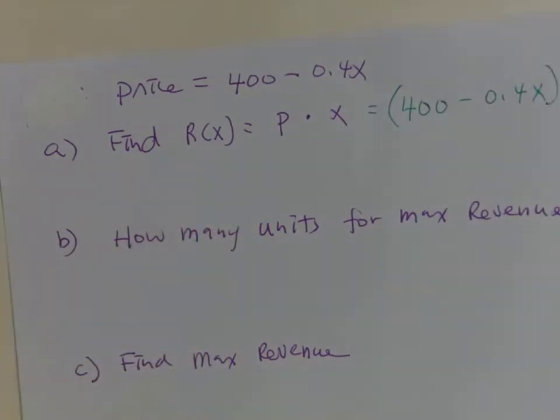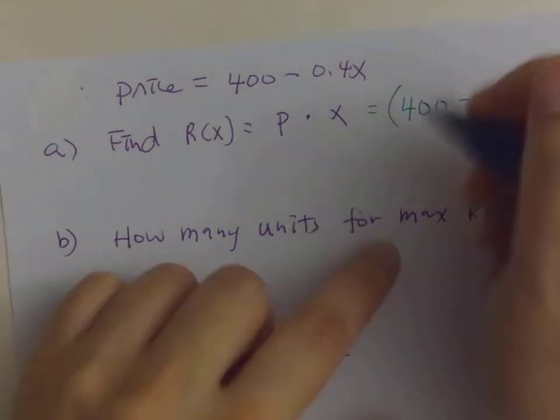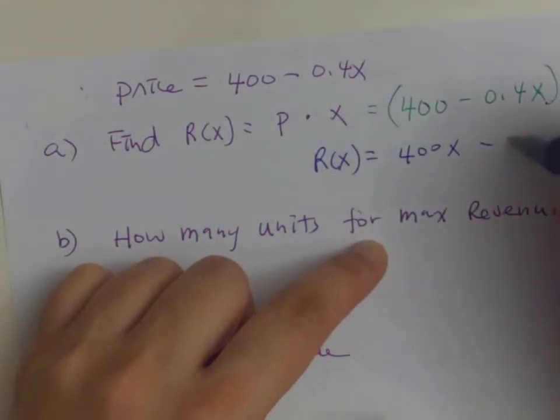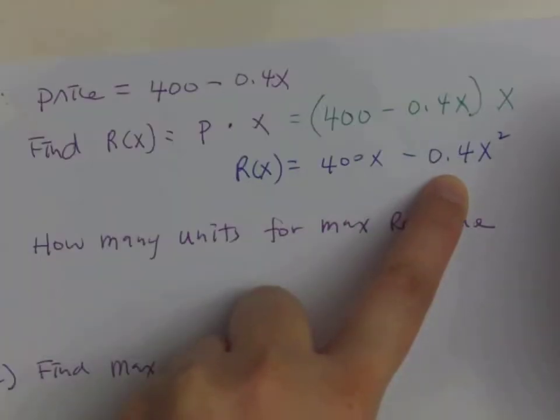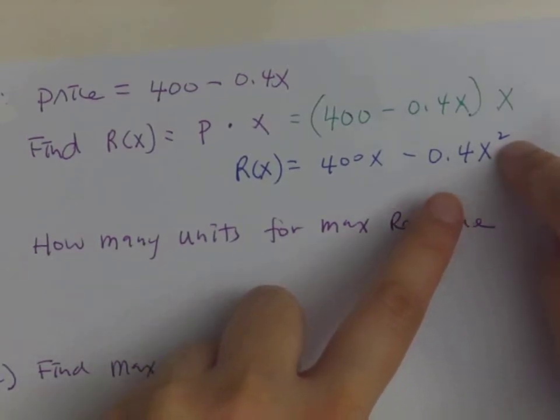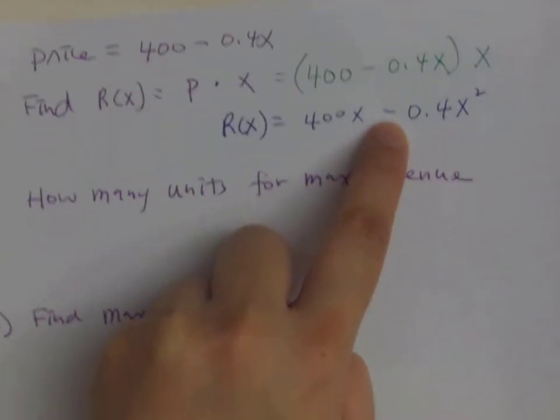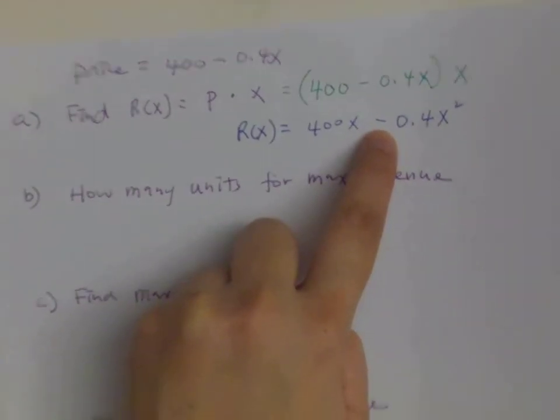So together I get 400x. My R of x will equal 400x minus 0.4x squared, which is a negative quadratic function. This is x squared, a quadratic parabola. Negative means open down, right?